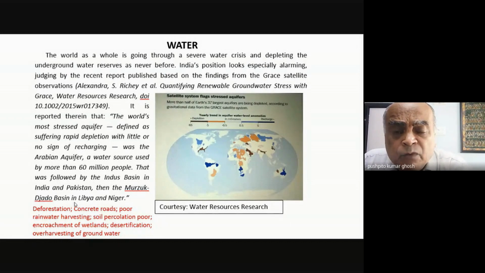It is based on being able to measure very precisely subtle changes in gravitational pull at different places on the Earth, from which they were also able to compute what is happening to the aquifers, whether they are getting emptied out or not.